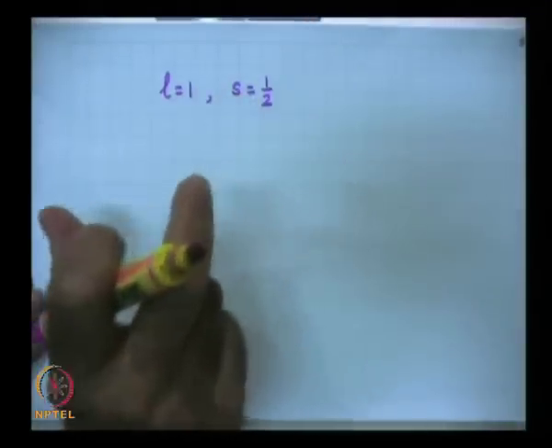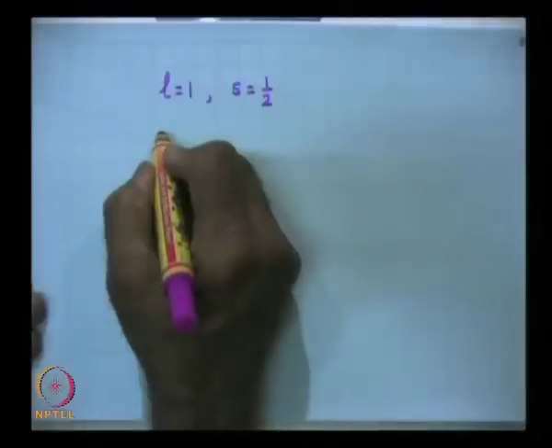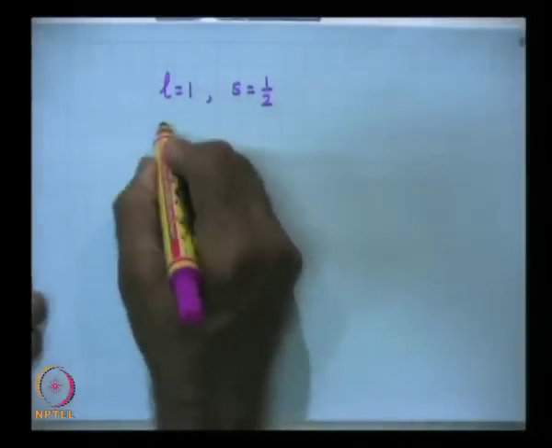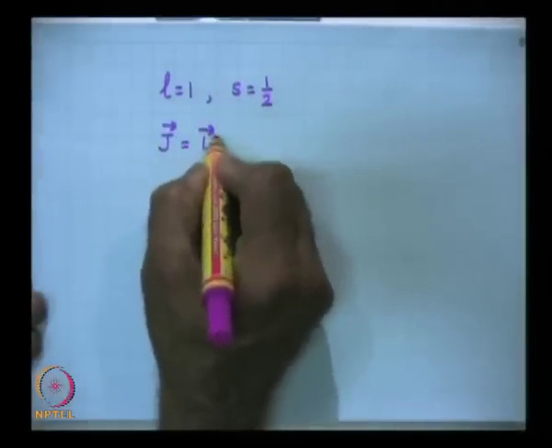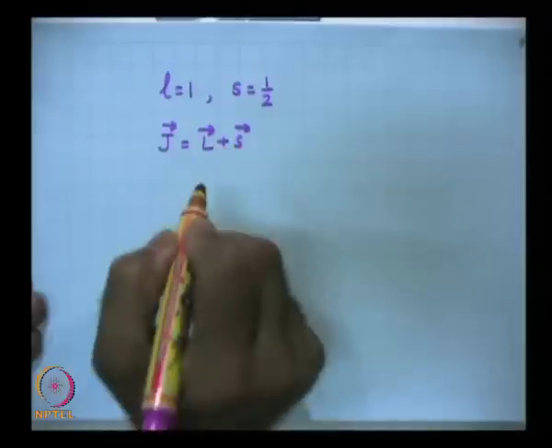There is an interaction, as we will discuss later on, between the spin angular momentum and the orbital angular momentum, and this leads to an interaction term in the energy. And therefore, we define the total angular momentum J, which is the vector sum of L plus S.